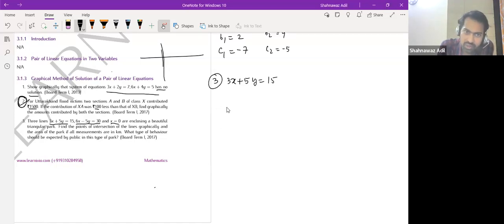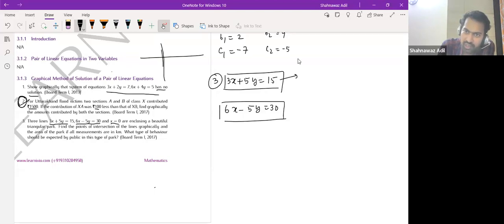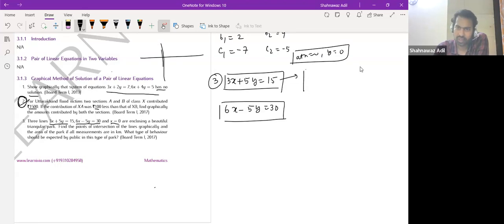These are the two equations, and you guys find out 2 points for each equation, at x equals 0 and y equals 0. So first x is 0, what is y? Then y is 0, what is x? Find out these values.